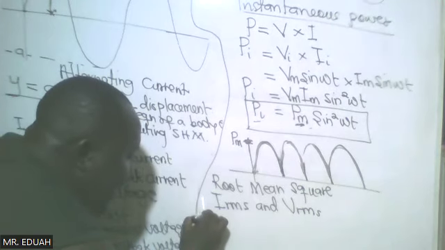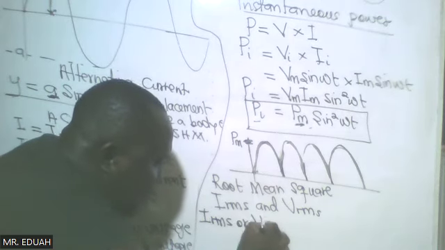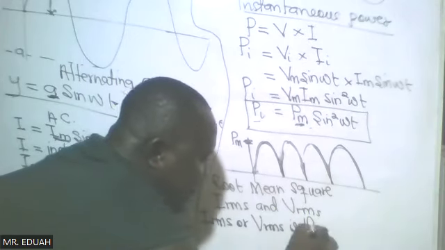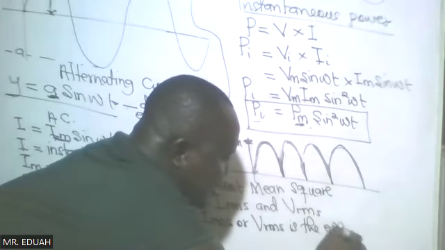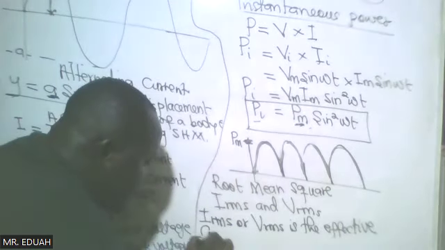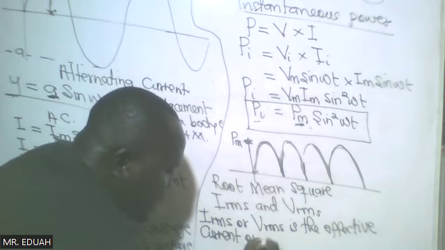So IRMS or VRMS is the effective current or voltage.